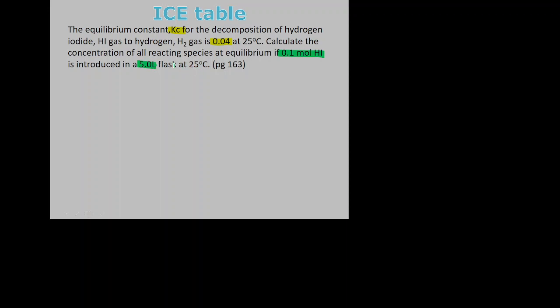Okay, untuk this, kalau dia tanya concentration, it means that every number yang you masukkan is in concentration. Kalau dia tanya in partial pressure, you need to change everything in the same unit of partial pressure lah. Tak kisahlah ATM ke, Pascal ke.